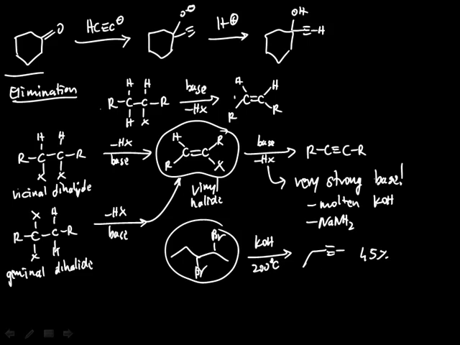However, there is a risky element here, and that is that under these highly basic conditions, there is a possibility of rearrangement. And I'll illustrate this mechanistically here. Now, under the influence of a very strong base, we can deprotonate the carbon right next to an alkyne triple bond to get to a species which has an anion here.